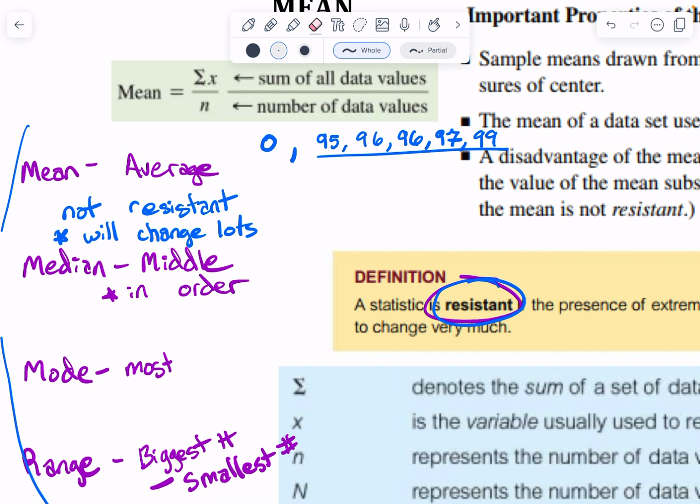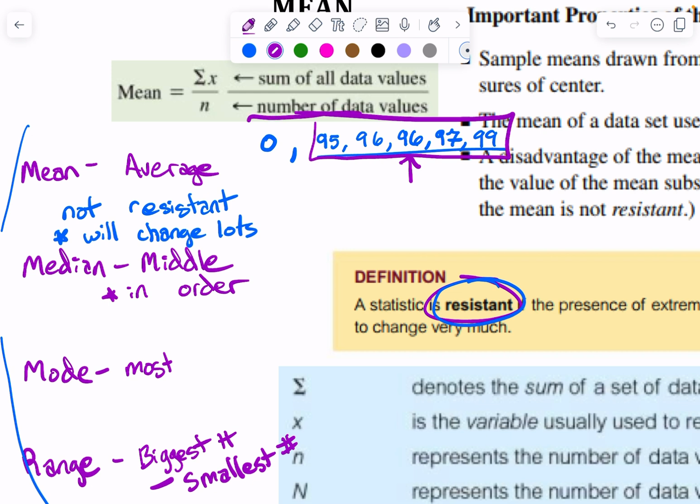The median is your middle number. The median in this data set was 96. If I then include 6 numbers, my median, or my middle number, switches to right in between these two. When you have two middle numbers, you take the average of those two middle numbers, and the average of 96 and 96 is still 96.